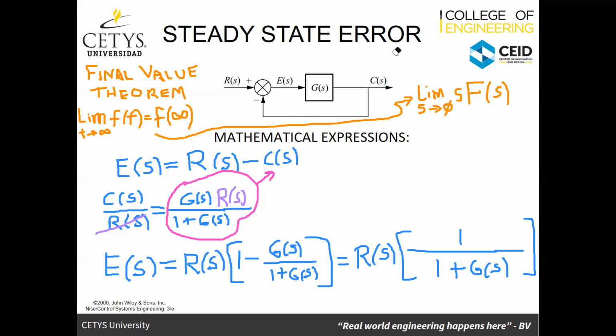What we want in the end is the final value of the error, or the steady state error. So let me just do some quick editing here in a moment, so I can do some copy paste here. Give me one moment here.